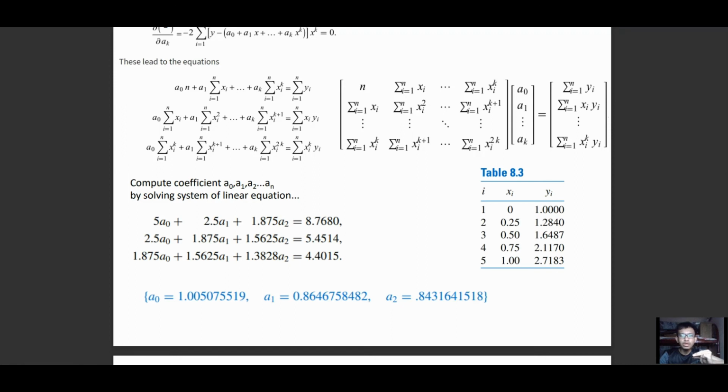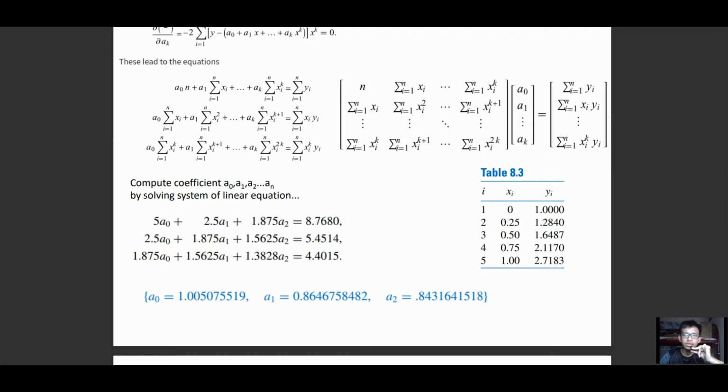So we get 1, then these terms also, 0.25 to the power 0 will be equal to 1. Then we sum all, since all of them are to the power 0, therefore all will be equal to 1. Then 1 plus 1 plus 1 plus 1 plus 1, 5 times, will result in 5 here.